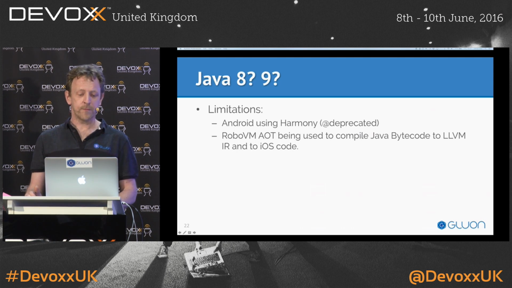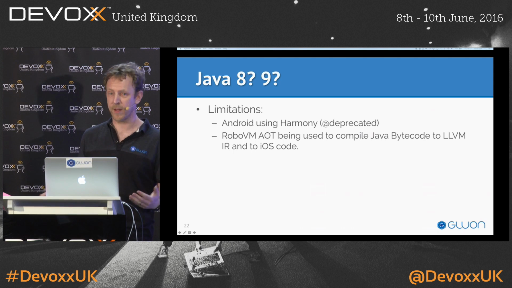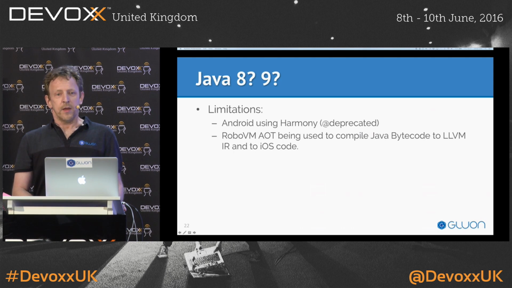RoboVM is using Harmony to compile your Java application to a native iOS application, well, to LLVM bytecode. But RoboVM is also not continued anymore. RoboVM is a company that created an AOT compiler, got bought by Xamarin, got bought by Microsoft, was killed. So that's an issue, of course.